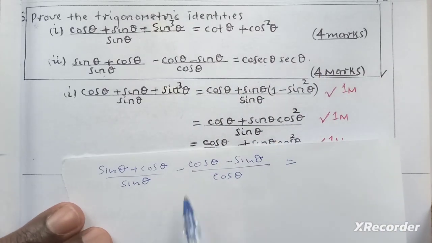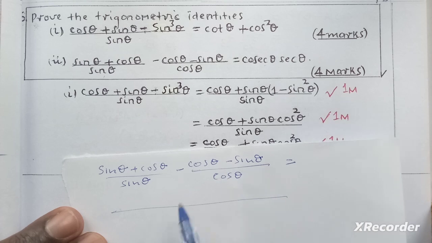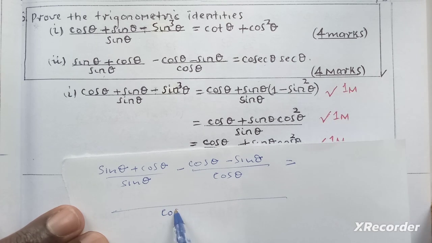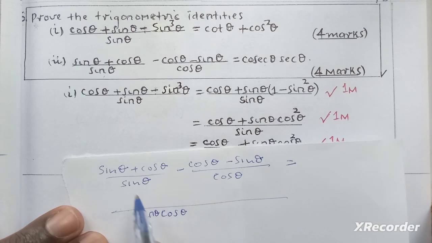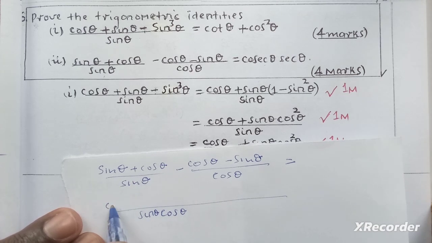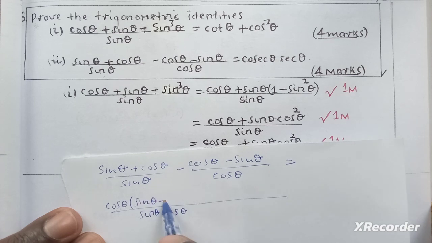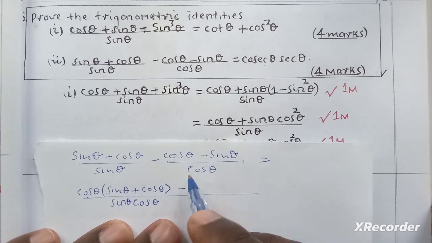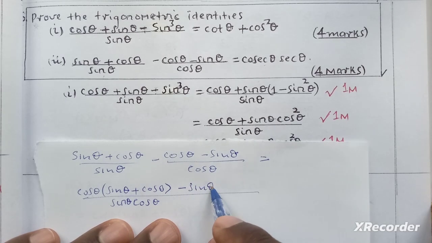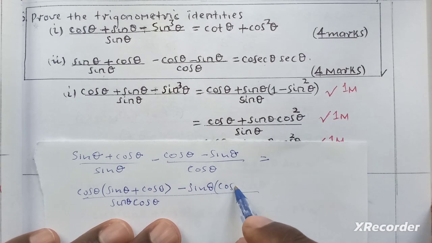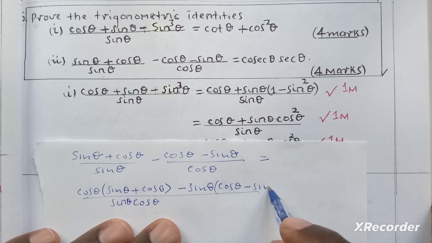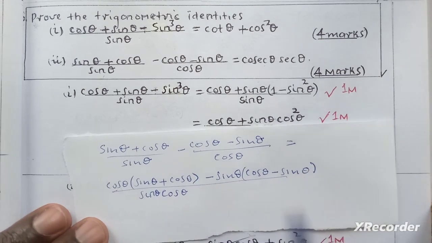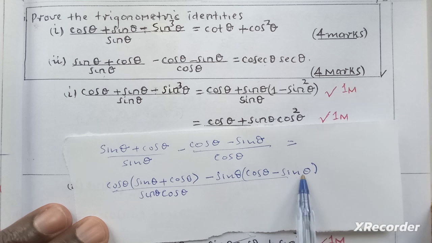So what we do here, we look for the LCM of that. That will be cos theta sine theta. So this divided by that, you'll have here cos theta, we have sine theta plus cos theta, minus this one will be sine theta, and then we have cos theta minus sine theta, like that. So you can now multiply all this.